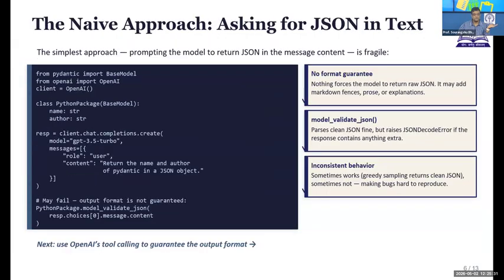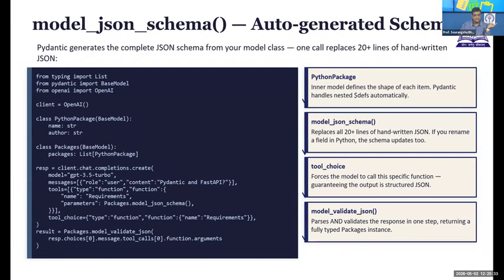So you define the Pydantic model, and then in the parameters you just call packages, which is the final output that you want. Packages dot model JSON schema will provide the correct JSON schema here. And when you get the output, you can use packages.validate to get the result.